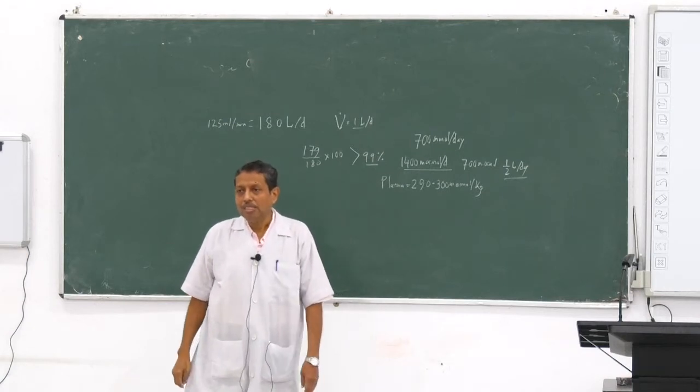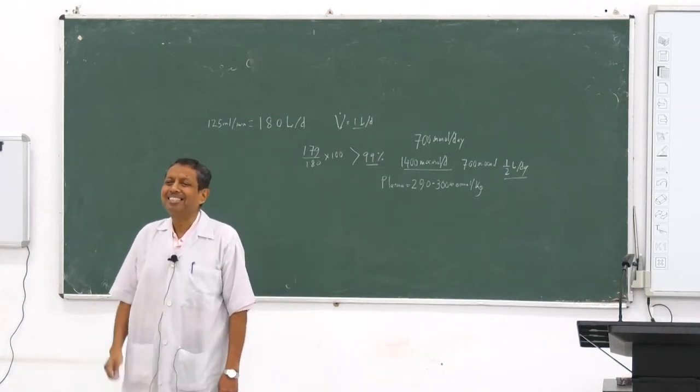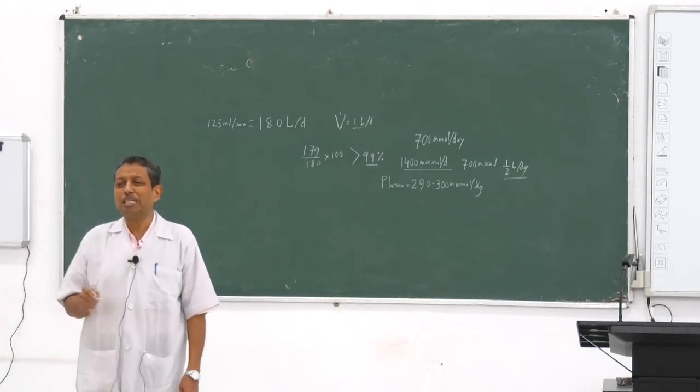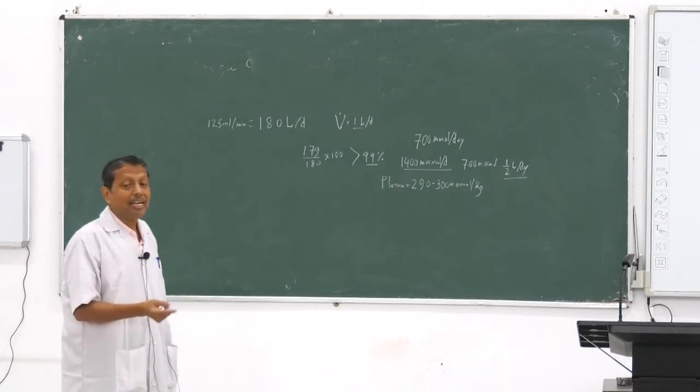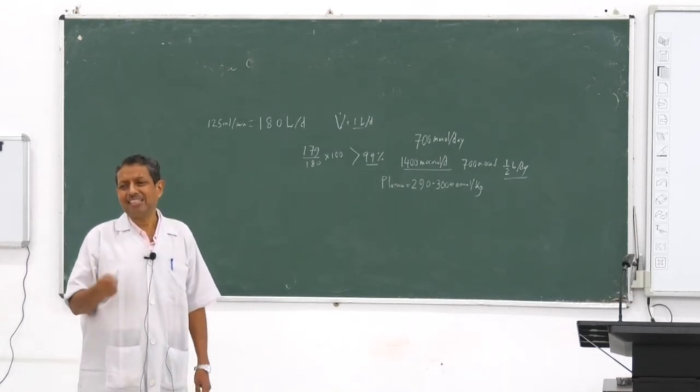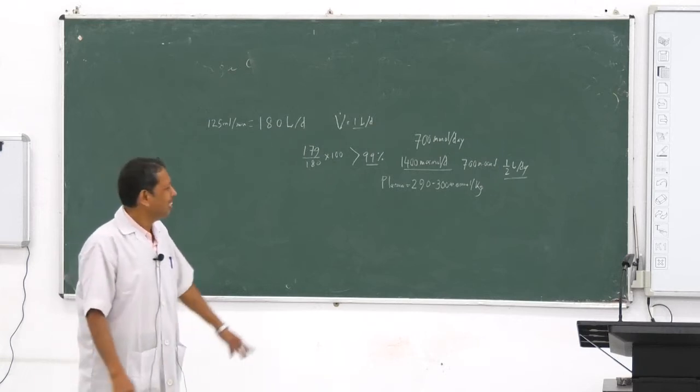These are the values you can remember. In different texts they will vary. It may be 285 to 300 or so.